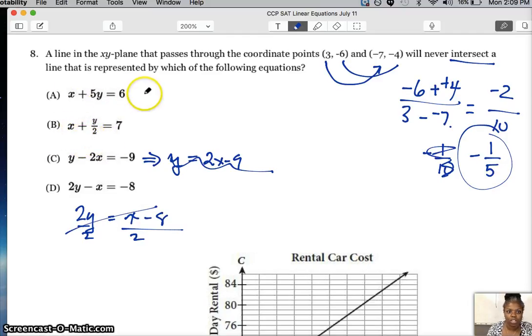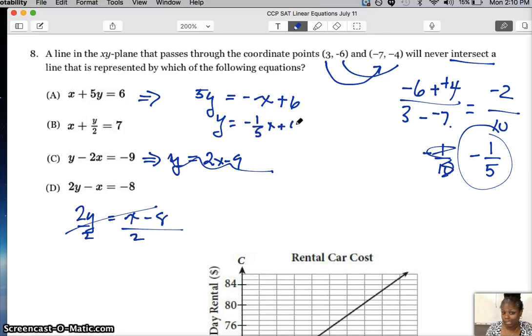This one looks like it's going to turn into the 1/5 situation. So just to confirm it, I've got 5y, I'm throwing the x over to the other side, so I get -x plus 6, that's equal to 5y, divide everything by 5, and I get y is equal to -1/5 x plus 6/5. All this other stuff really doesn't matter.